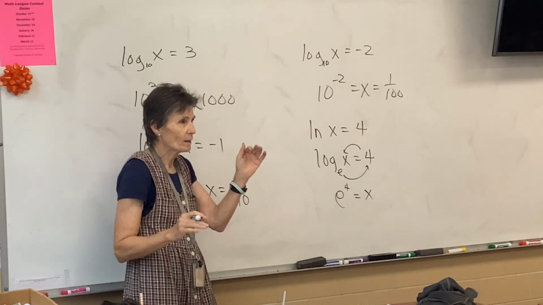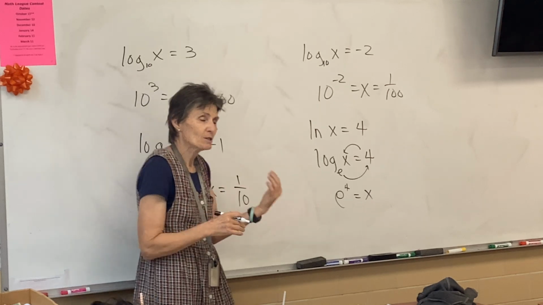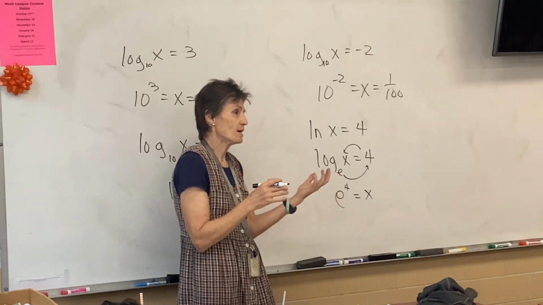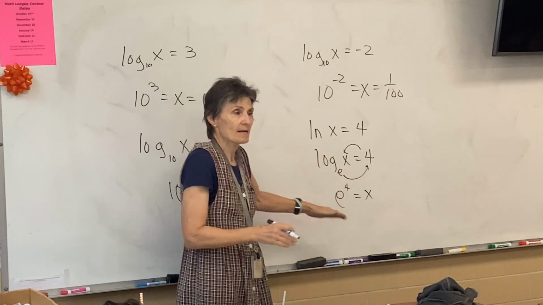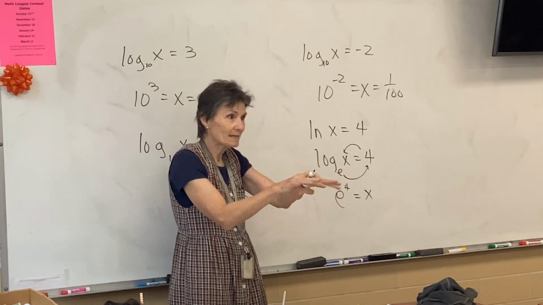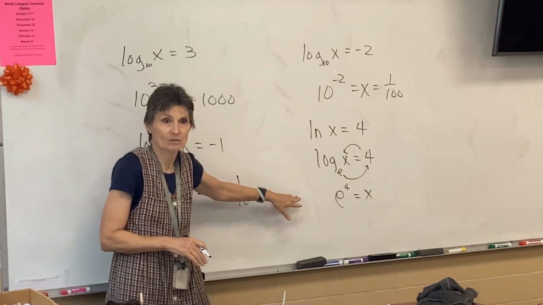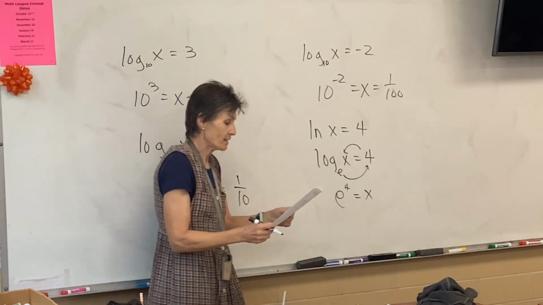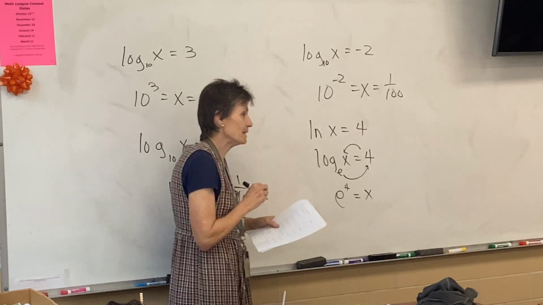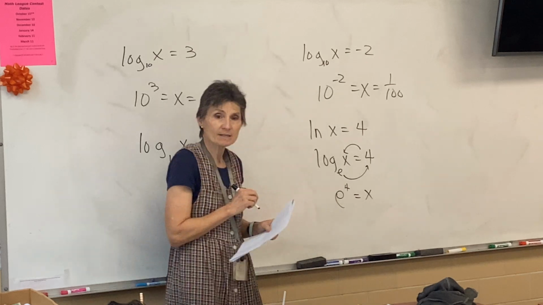It's 2.718 approximately. But you remember in geometry class when you had to find the area of something and you said 12 pi, and that was okay? Same thing here. You can leave pi in an answer, you can leave e in an answer. So e to the 4th is our answer. What's the answer to the next one? E to the 6th.